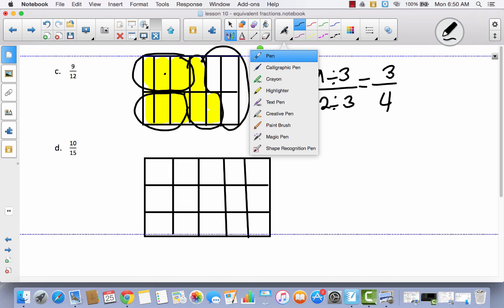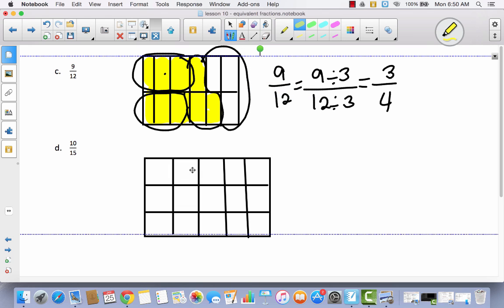All right, so now I'm going to shade 10 out of 15. So this would be 3, 6, 9, and 10. So I'm trying to decide how I could compose these into an equivalent fraction. Well, I can't do groups of 3 because I have 1, 2, 3, but this one wouldn't be a total group of 3.